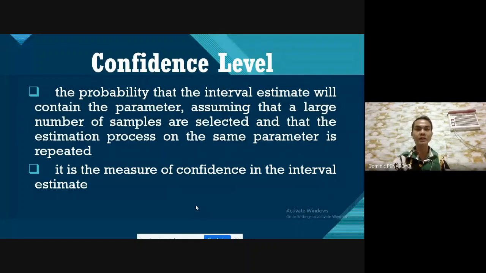For example, I am 95% confident that the age of Father Principal will fall within 30 to 60 years old. Okay, so that is confidence level. So again, it is the measure of confidence in the interval estimate.